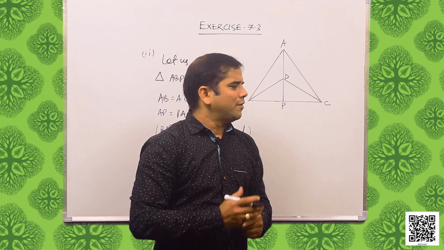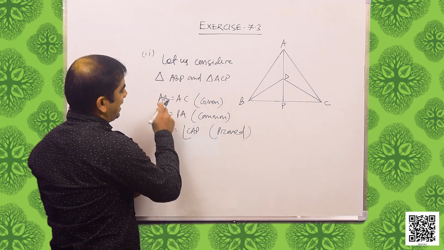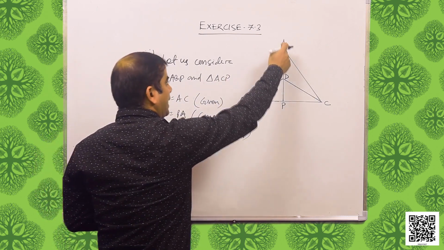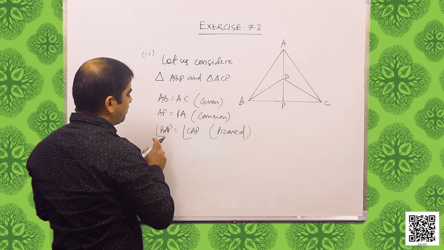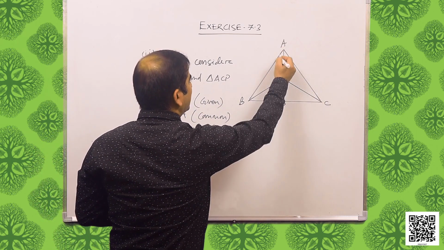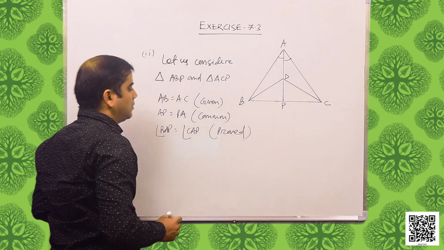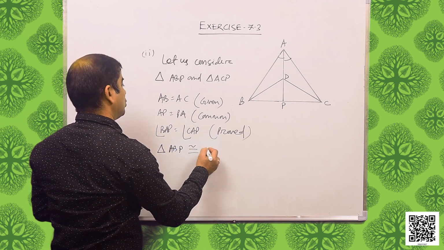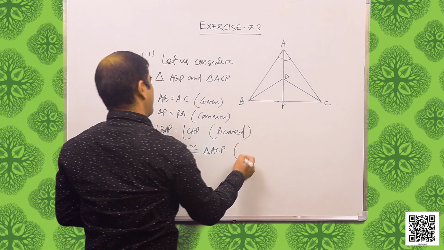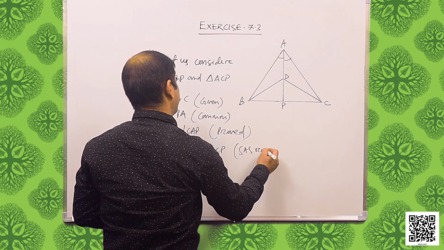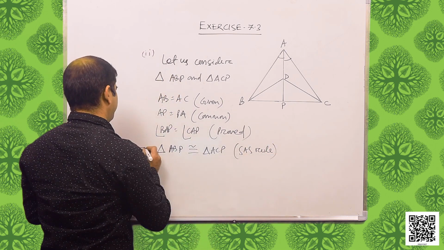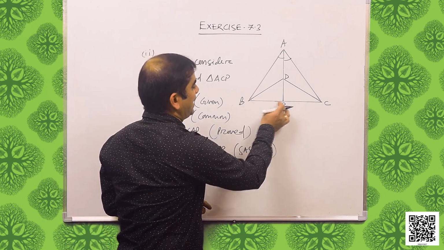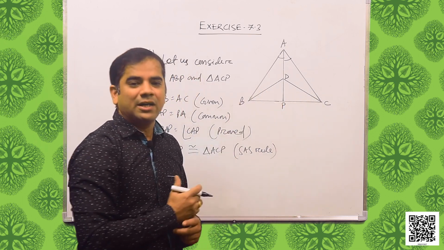Fine. So, from here, let us check. AB is equal to AC. AP is equal to PA because it is common. Angle BAP is equal to angle CAP, and these are the included angles. That means triangle ABP is congruent to triangle ACP by SAS rule. It also implies BP is equal to PC, as these two are congruent now.